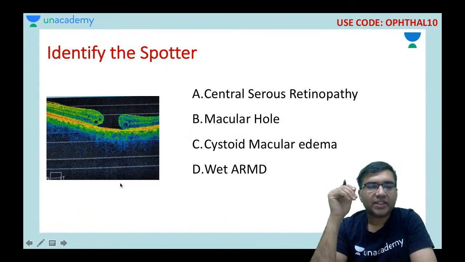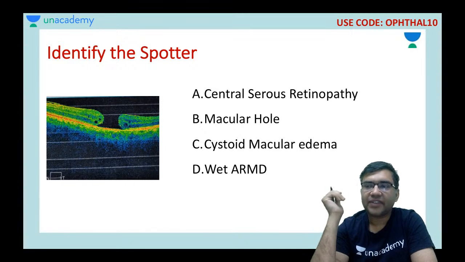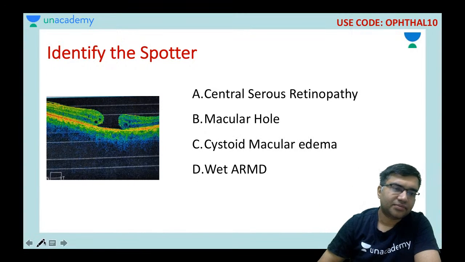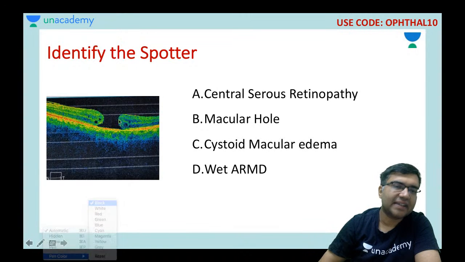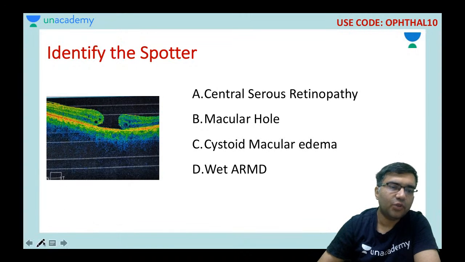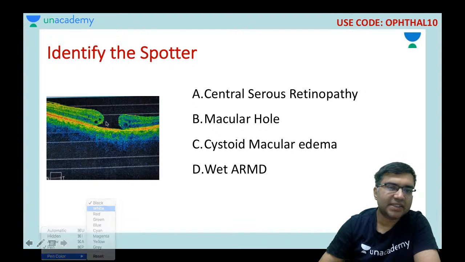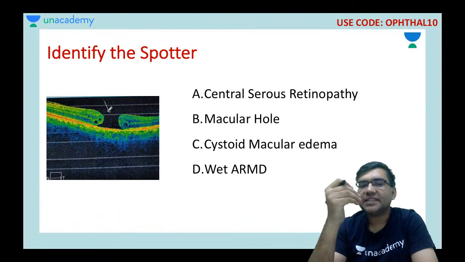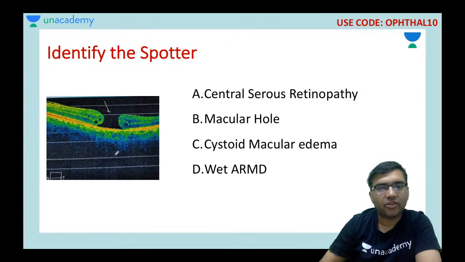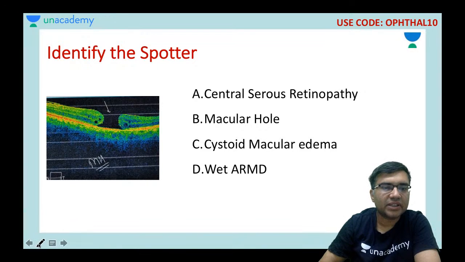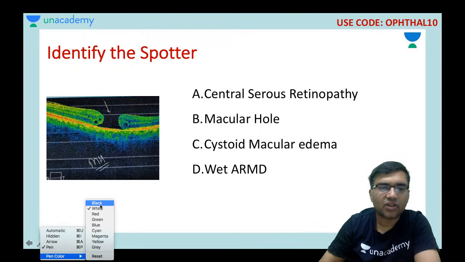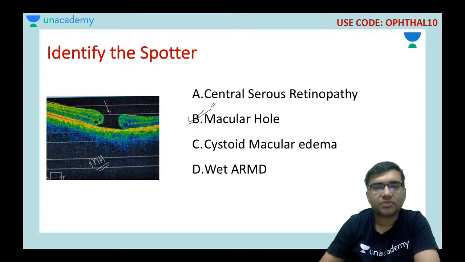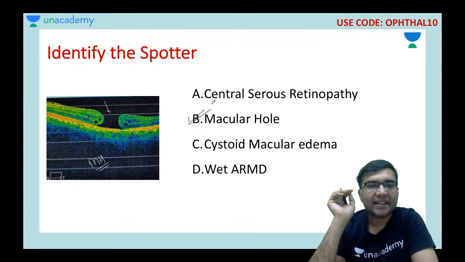Okay, so this is the next question, identify the spotter. Here, if you can appreciate, there are missing layers at the level of fovea, and these missing layers at the level of fovea are basically called a macular hole. Even the layers of cones are absent at this area.